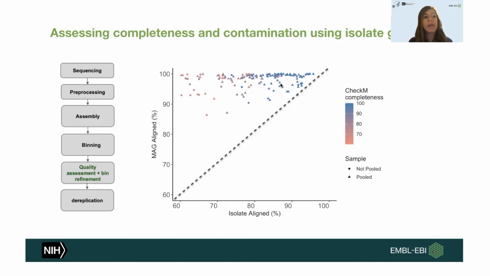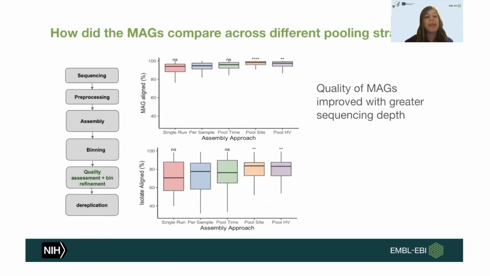In fact, when we looked at these metrics of MAG aligned and isolate aligned and subsetted them by pooling strategy, we found that with increasing sequencing depth, so if we arrange the x-axis in order of increasing number of reads, we get a higher percent of MAG aligned and isolate aligned, suggesting that these pooling strategies really help us generate higher quality genomes.